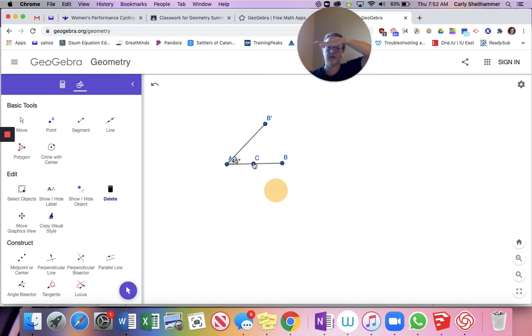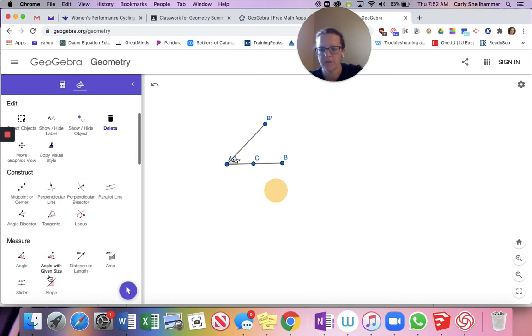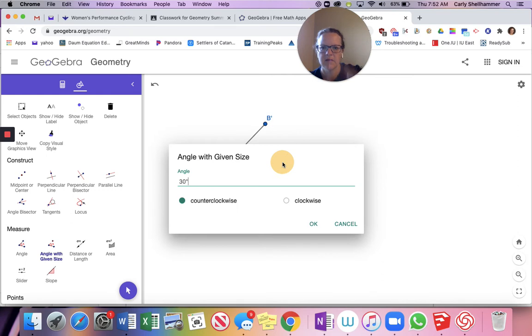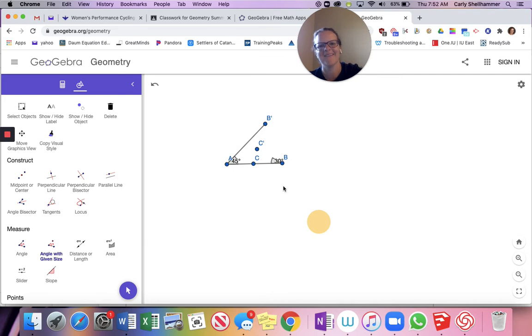So I want to go clockwise. Let's try one more time. Select a leg, point, vertex, and end size. I want to go clockwise. There we go. All right.